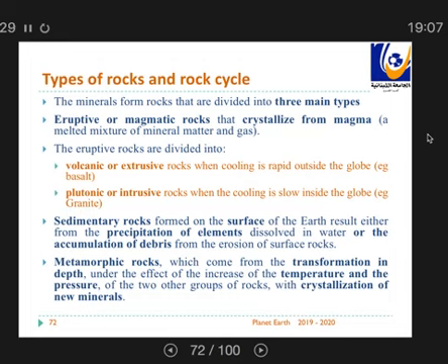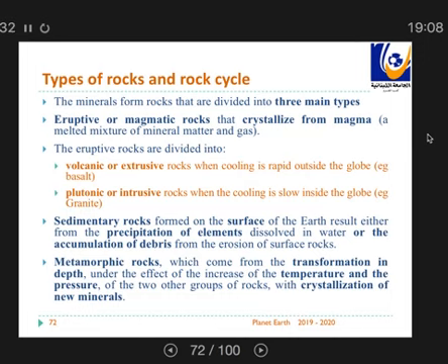Now we also have sedimentary rocks that are formed on the surface of Earth and are very abundant on the surface of Earth, and they come from either the precipitation of dissolved elements in water or by the accumulation of debris that come from the erosion of continents and are transported by streams and then submitted to cementation and to processes that transform these sediments into sedimentary rocks.